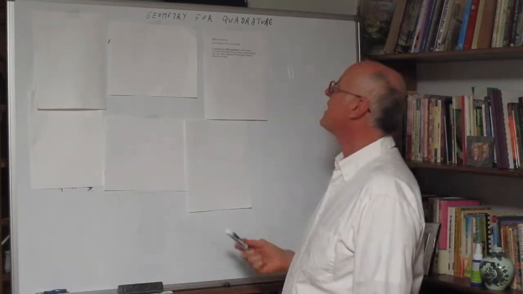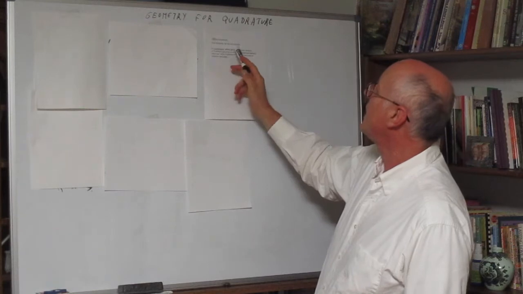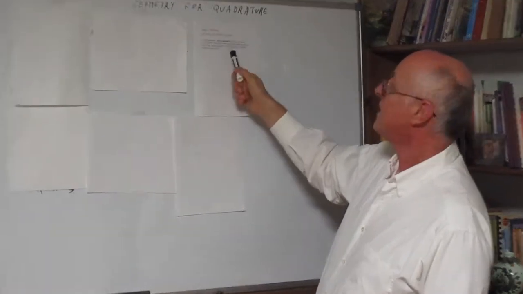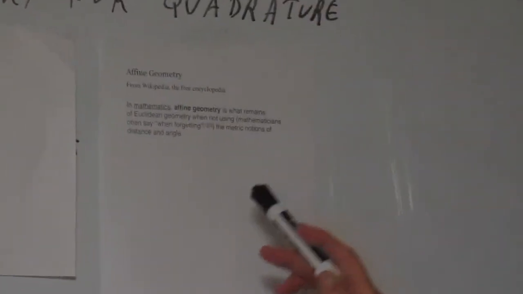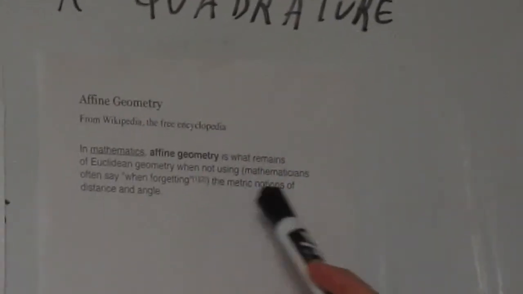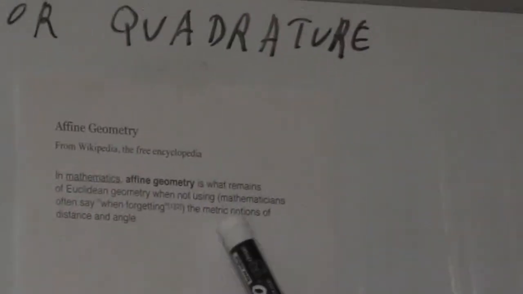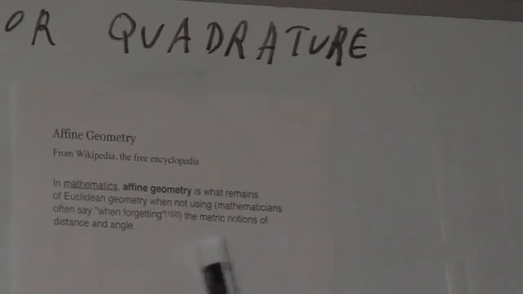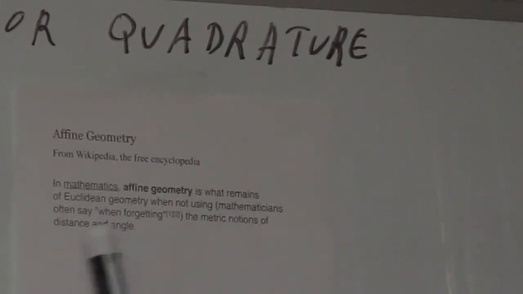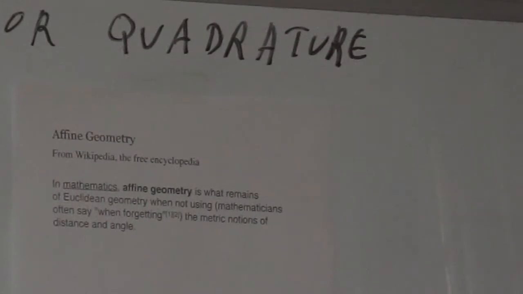Okay, affine geometry from Wikipedia. The definition, zoom in on this. It says, in mathematics, affine geometry is what remains of Euclidean geometry when not using the metric notions of distance and angle.